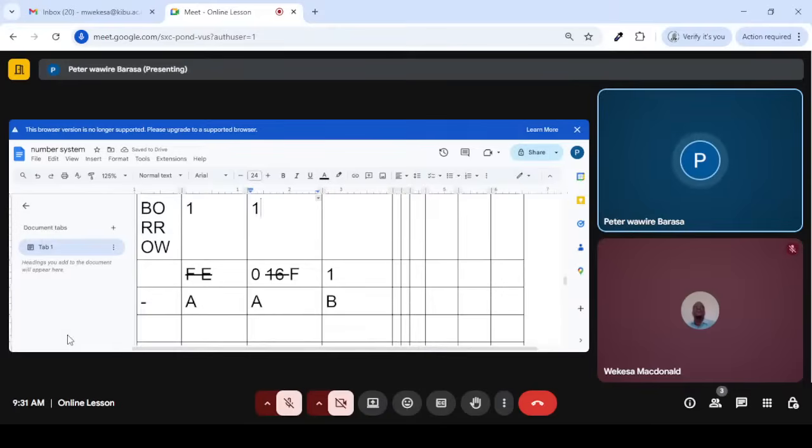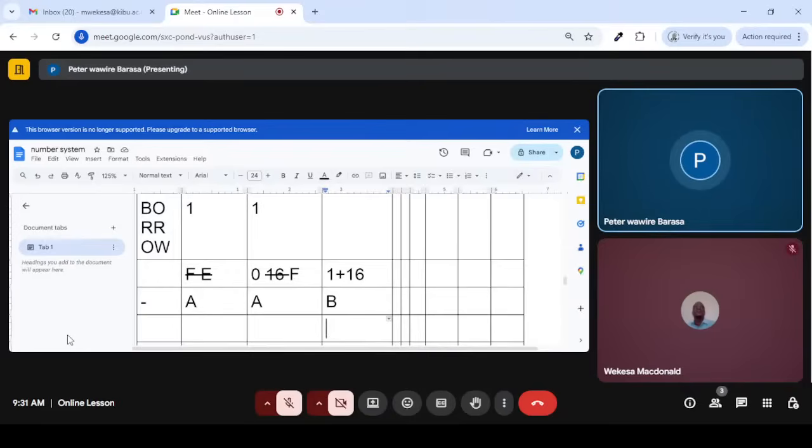Then when you borrow this one, it comes here, so after borrowing it will be plus 16. So it's 16 plus 1 is 17. 17 minus B. B, I said A is 10, so 11 is B. What you borrowed, 16, plus this one becomes 17.